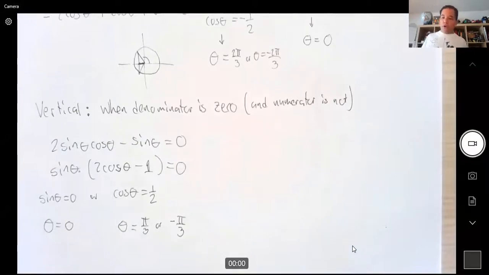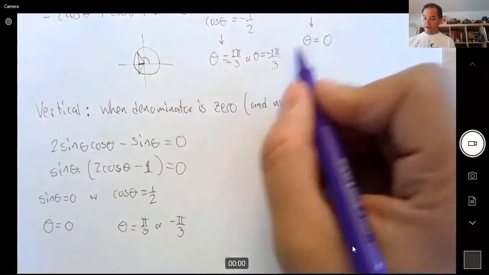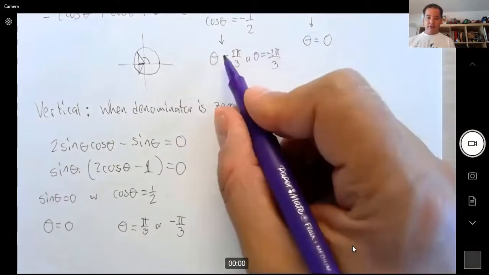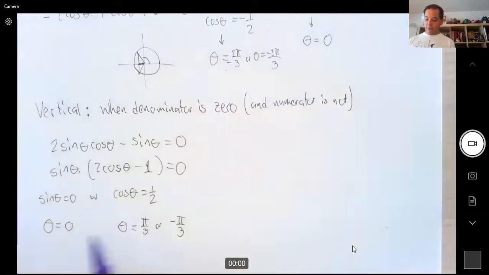All right, so good. We almost have the problem. The only issue is 0. I hope you see it. We have these numbers over here, which are candidates for horizontal tangent lines: 0, 2 pi/3, and negative 2 pi/3. And these numbers over here are candidates for vertical tangent lines, where the slope is undefined.